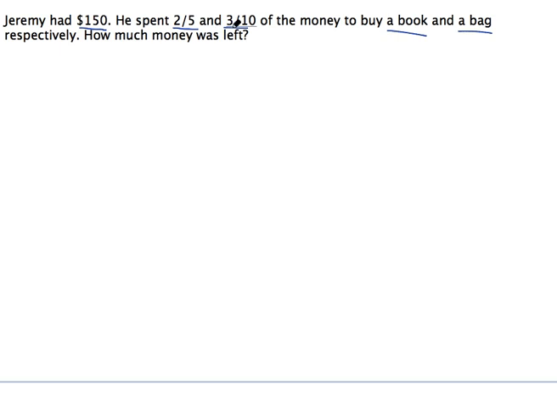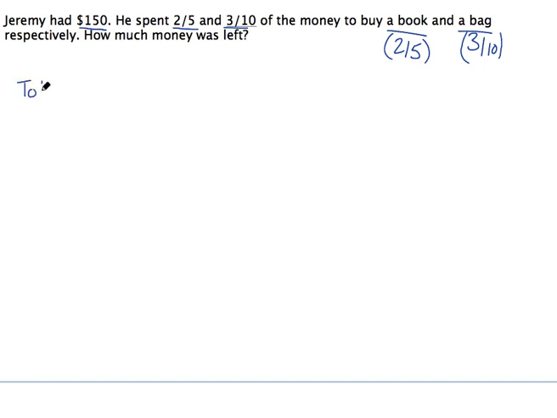So in order to solve this question, first we need to find out what fraction of the total money he has spent, right? Because we know he has spent 2 by 5 of the total money on the book and 3 by 10 of the total money on the bag. So let's find out the total fraction of money he has spent.